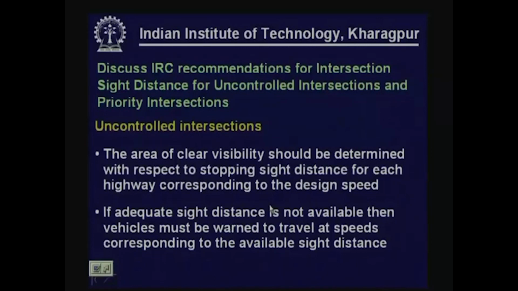The last question was, discuss the IRC recommendation for intersection side distance for uncontrolled intersections and priority intersections. For uncontrolled intersection, the area of clear visibility should be determined with respect to SSD, stopping side distance. If adequate side distance is not available, then vehicles must be warned with appropriate speed restriction.